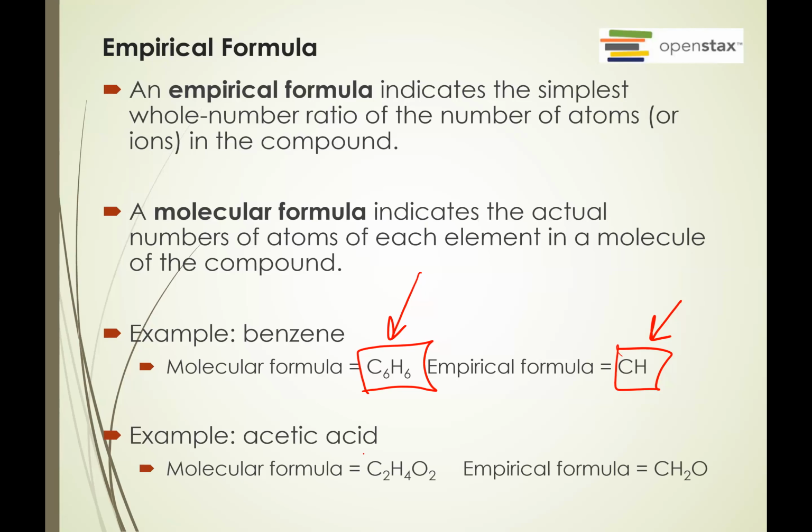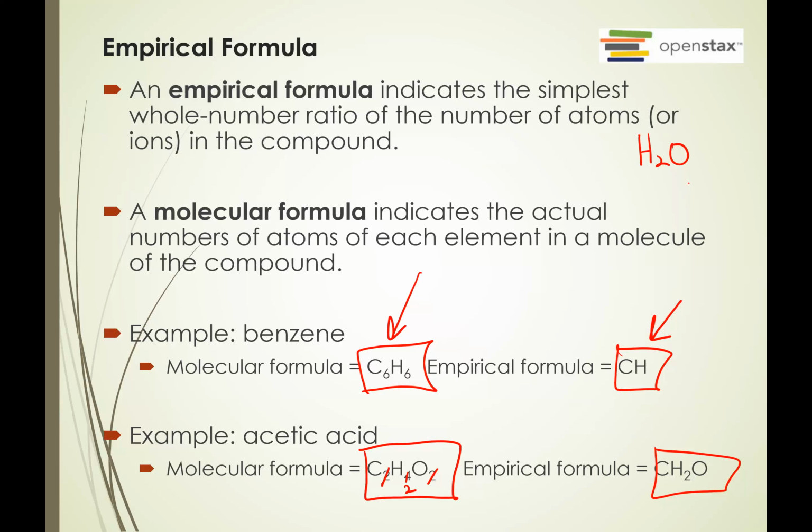Sometimes they're not. So if we look at this one, how could we simplify C2H4O2? If we divide all of them by 2, we end up with CH2O. But what about H2O? Can you simplify that? Nope. Sometimes you can't simplify them.